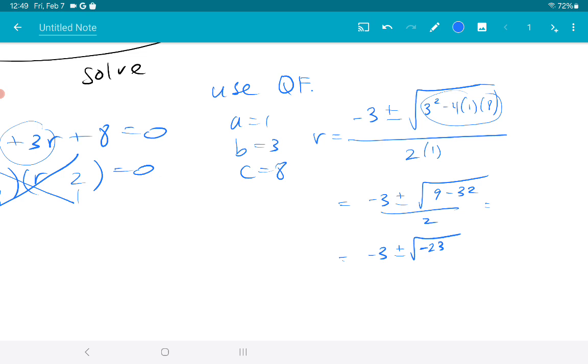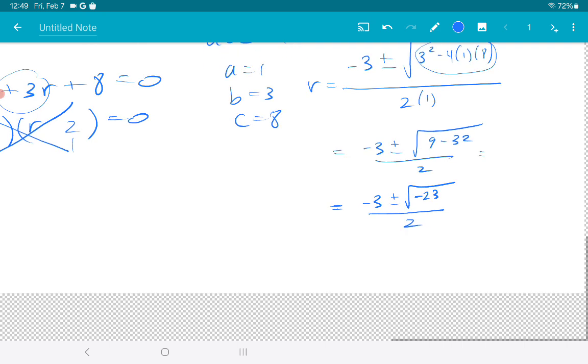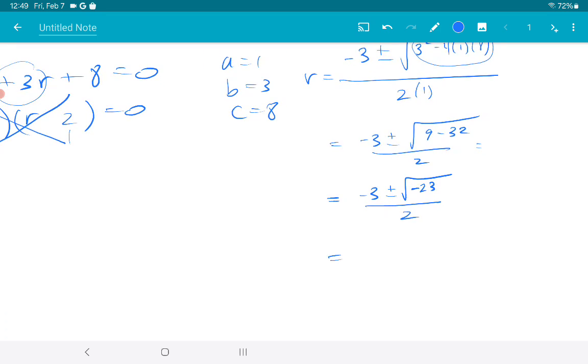Oh, you can see we're going to get an i here, all over 2. Well, let me show you something. We prefer to separate this into two fractions. So we'll write this as negative 3 over 2 plus or minus the square root of negative 23 over 2. All we did was split it up into two fractions.